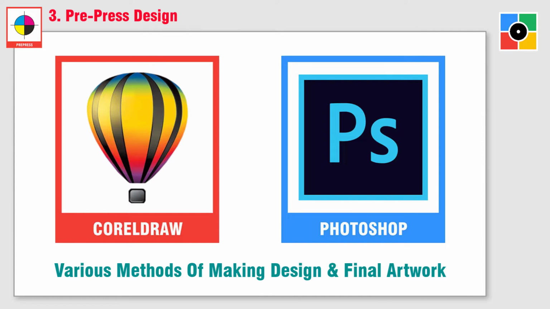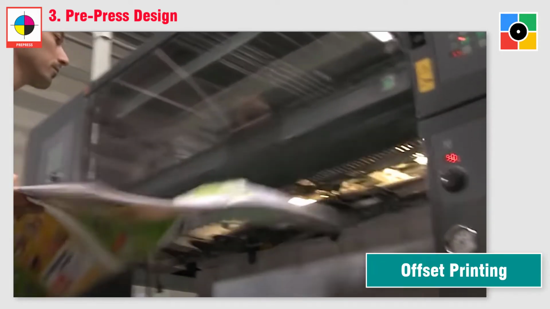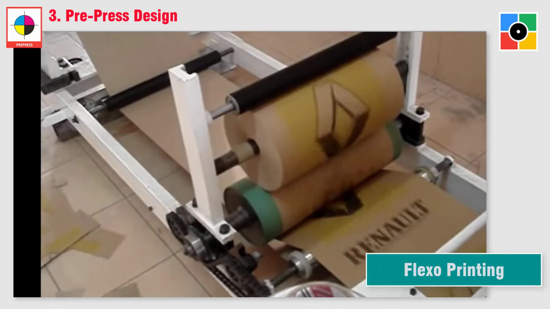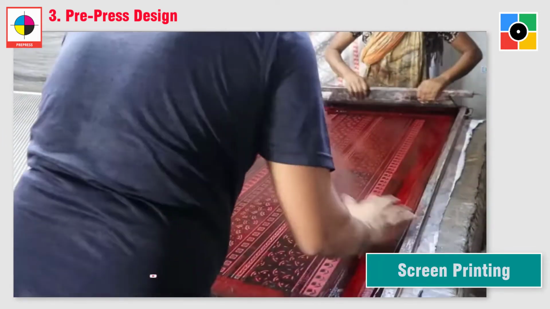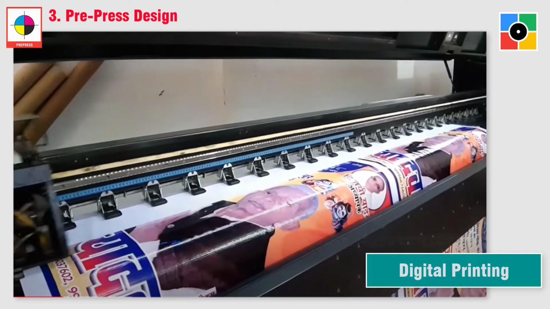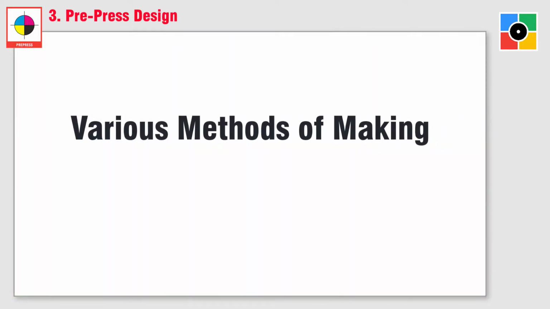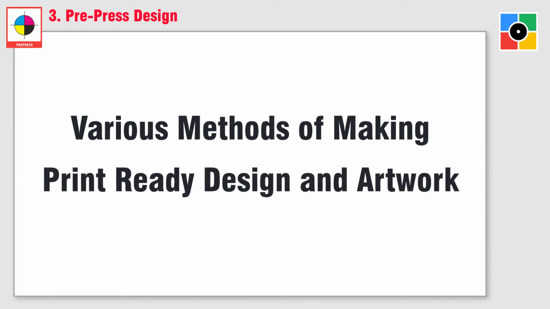This is the main syllabus of this course. Offset printing, rotogravure printing, flexo printing, screen printing, digital printing: in this course, we will learn various methods of designing and making artworks by understanding these types of printing.